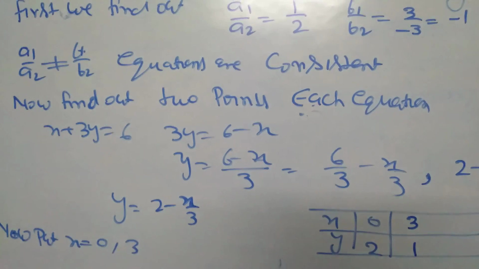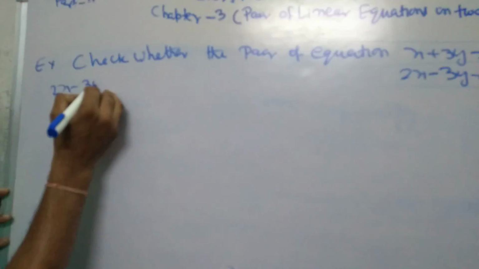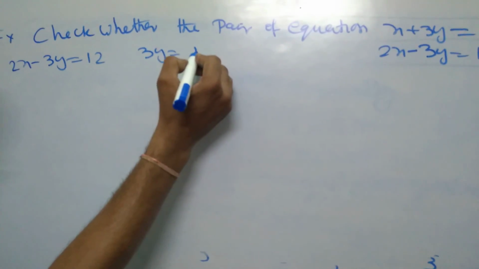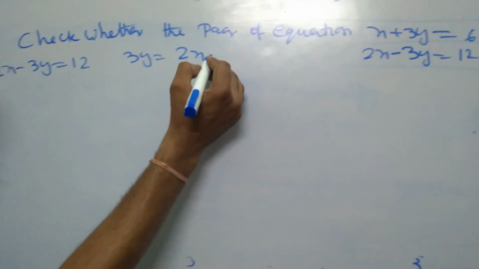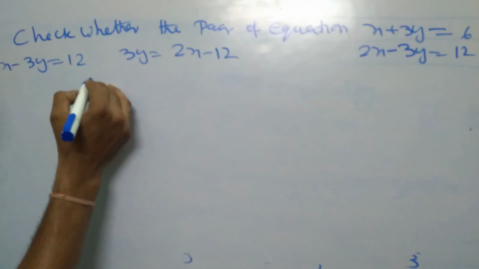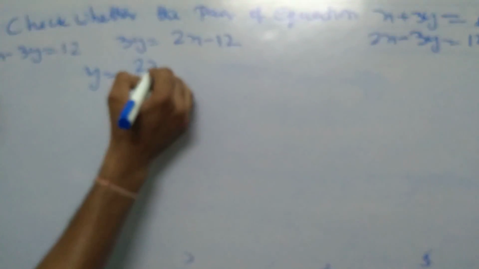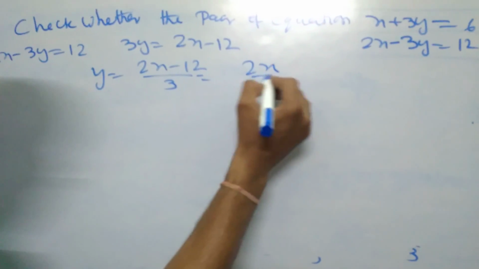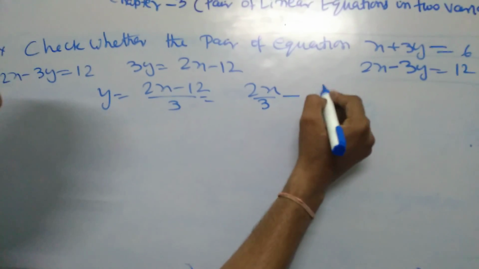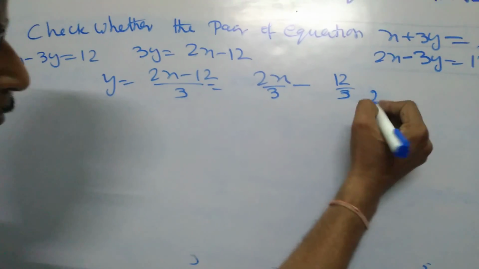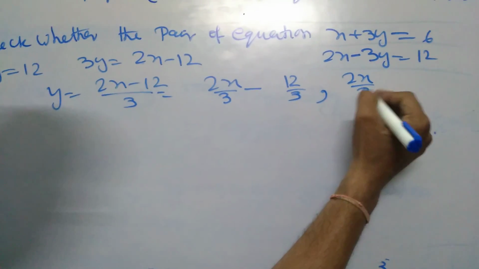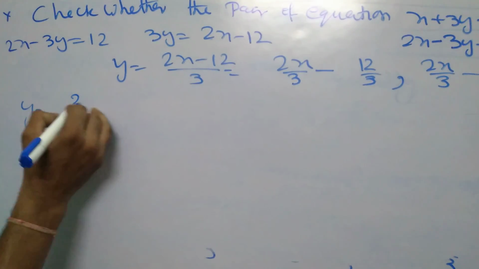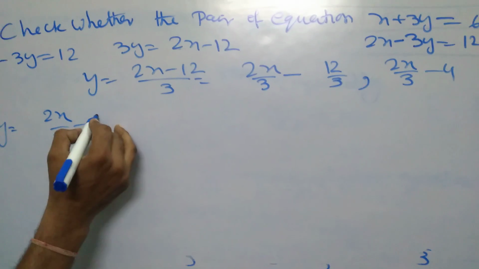Similarly, 2x minus 3y is equal to 12, 3y is equal to 2x minus 12, y is equal to 2x minus 12 upon 3. Separate the terms, 2x upon 3, 12 upon 3. We get 2x upon 3 minus 4. This is the value of y in the form of x.